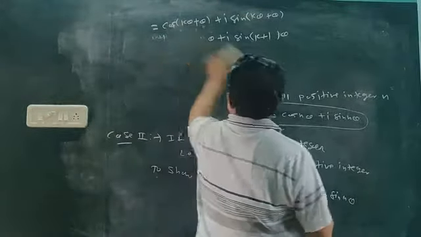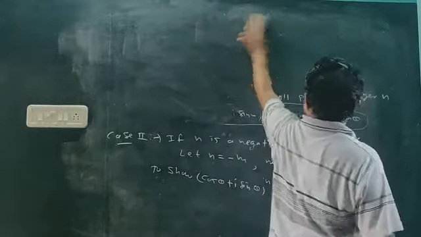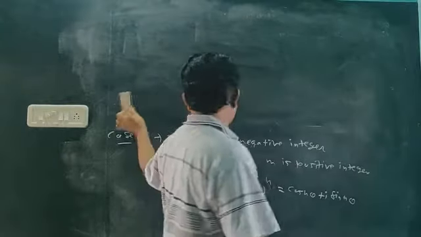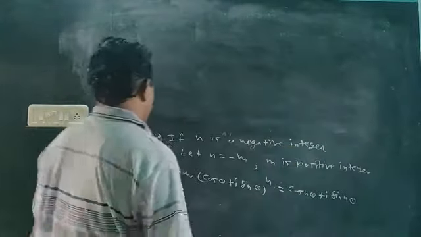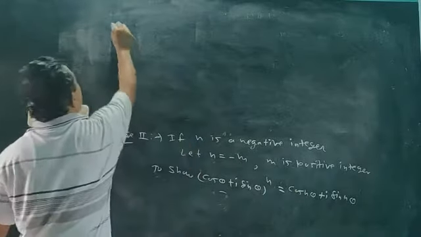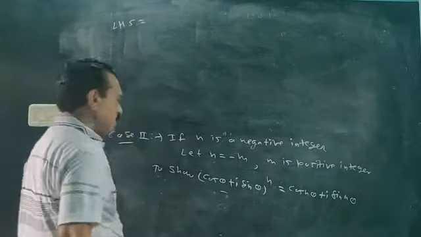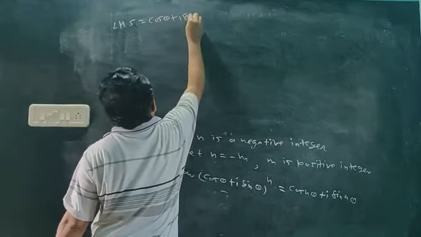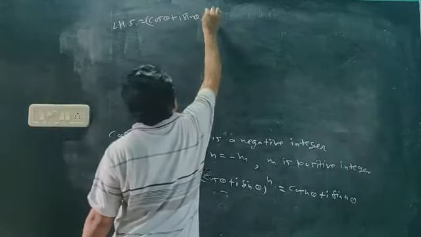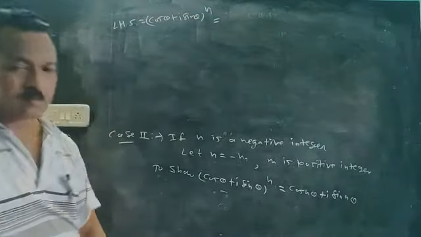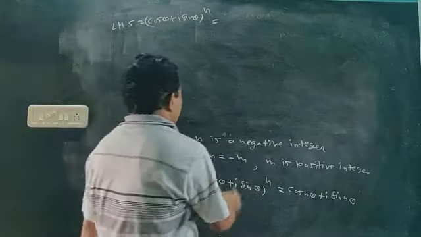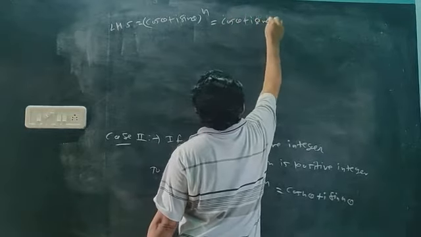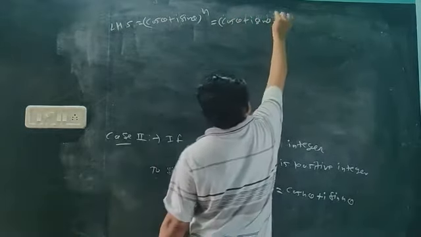So the first case is proved by the induction method. Now to prove the second case, of course use the first case. So take the left side and we get the right side easily. Take the left side: (cos theta plus I sin theta) raised to power n, where n is minus m.